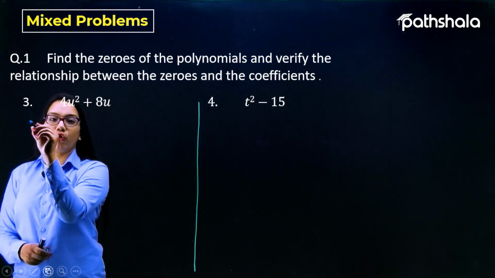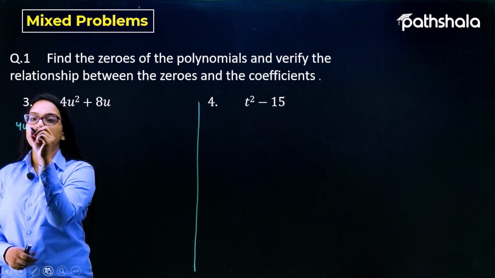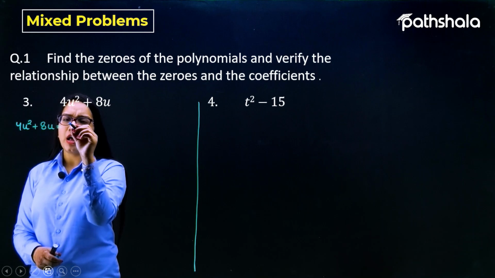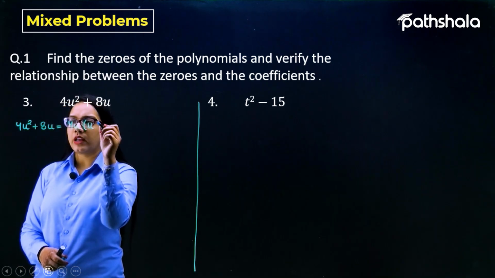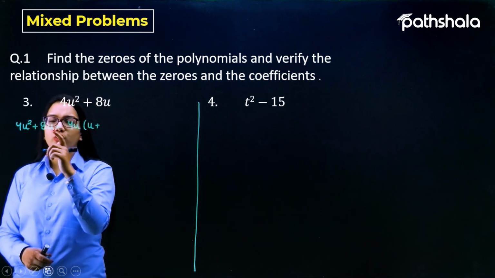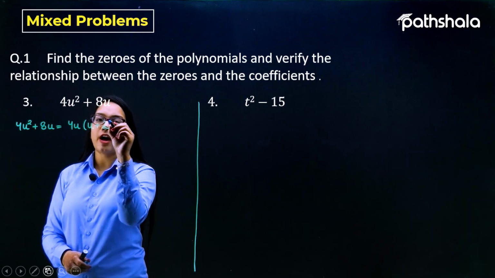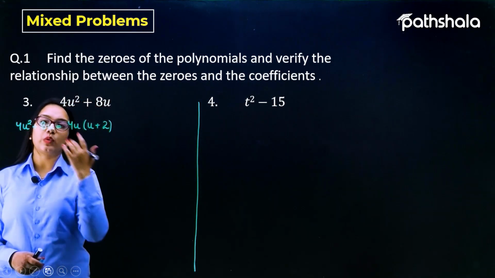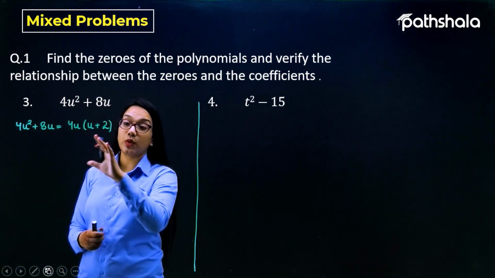So we have 4u square plus 8u. First of all, we can take 4u common out of it, and the element would be u plus 2, because 4u into 2 is nothing but 8u. So we have 4u into (u plus 2) as the factors of this particular quadratic polynomial. Again, we can find the zeros by setting them equal to 0.